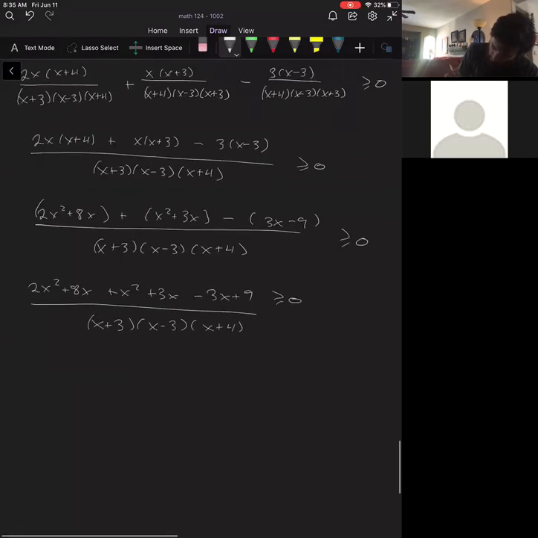Simplifying the top, we got a 2x squared and an x squared, so that gives us a 3x squared. The 3x and the minus 3x cancel, so we just have an 8x. And then the plus 9.